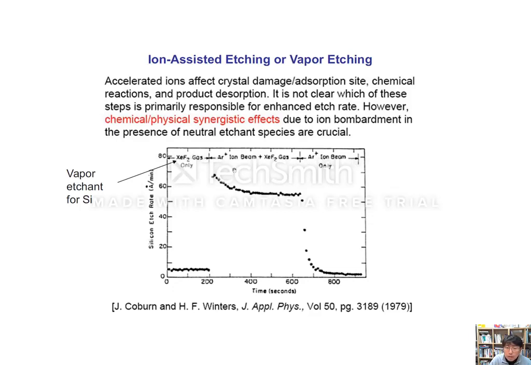This is what happens if there is only XeF2 gas available or argon ion beam only, but their etch rate is really low. But if they have both together, then you have a higher silicon etch rate. It's really not clear, but those chemical and physical synergetic effects are actually crucial. So a combination of both will be helpful to have a good etch rate in silicon.